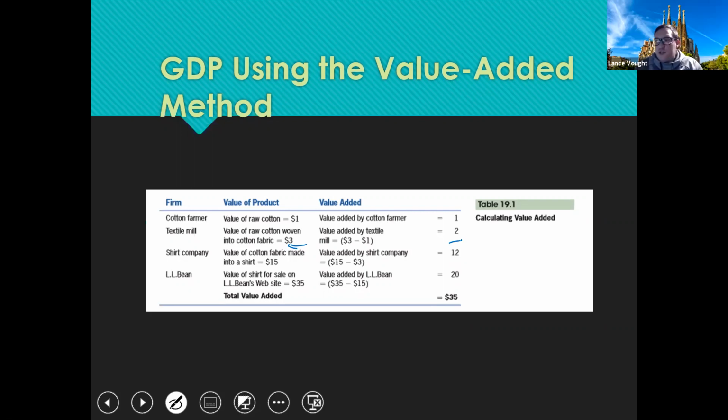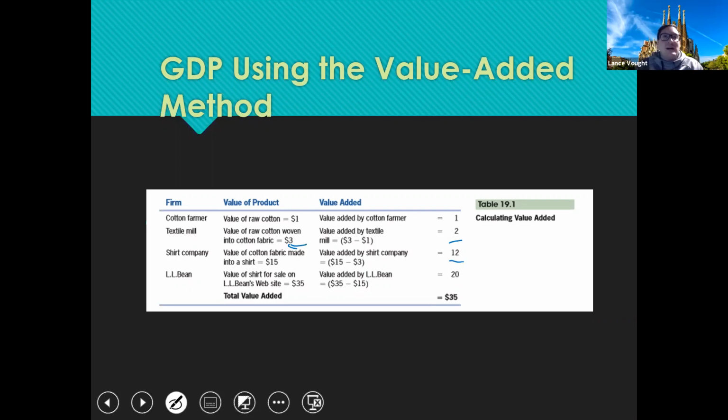The t-shirt company takes their cotton fabric and sews it up into a t-shirt, and they sell that t-shirt to LL Bean at wholesale for $15. Well, then the $15 for the shirt minus the $3 that was paid for the fabric creates $12 in additional value by turning it from fabric into a shirt.